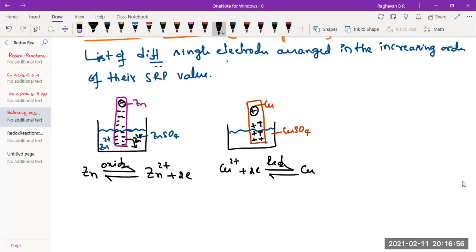The potential developed in a single electrode is called single electrode potential. The symbol for single electrode potential is E. The potential developed when a metal rod is in contact with the solution of its own ions is called single electrode potential.